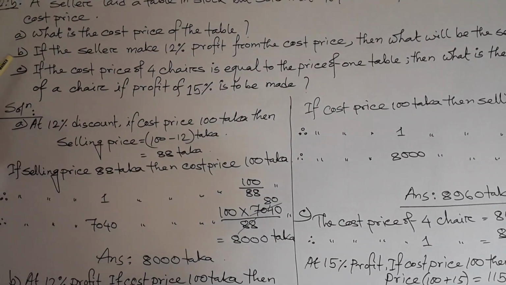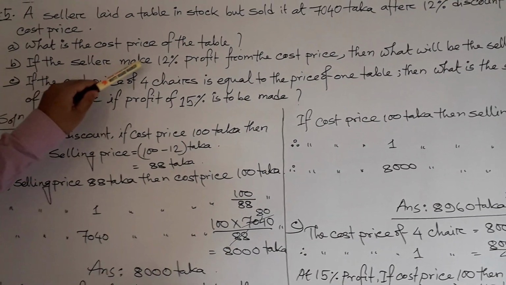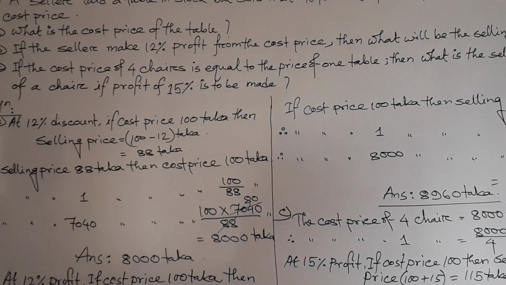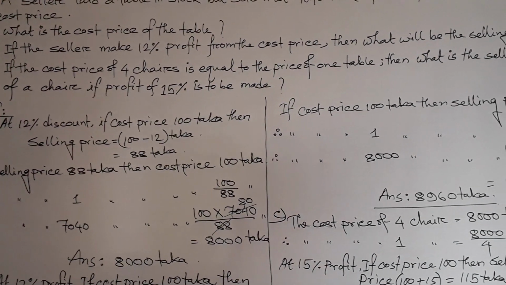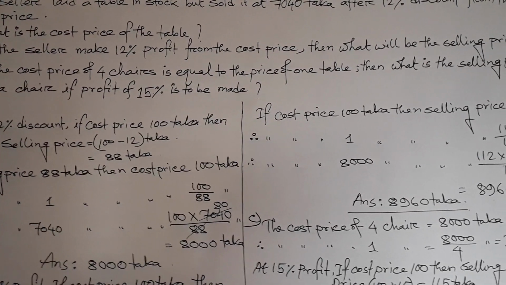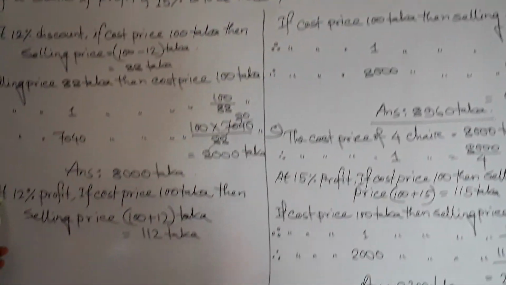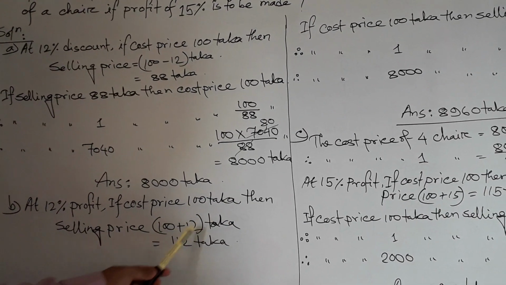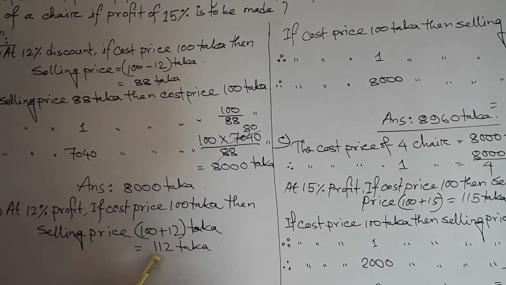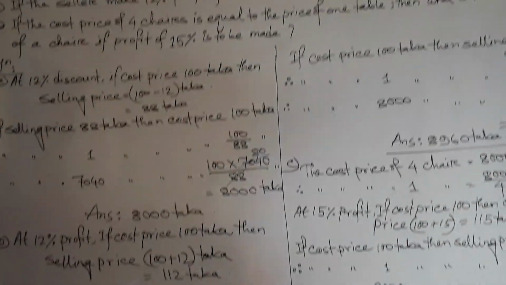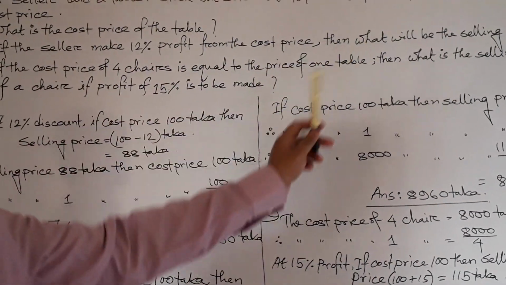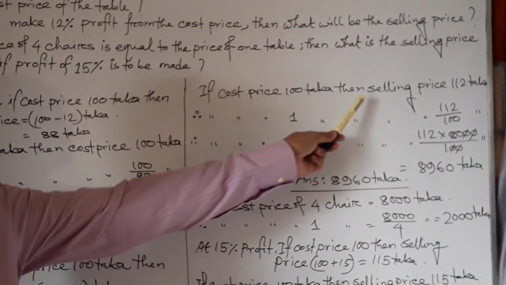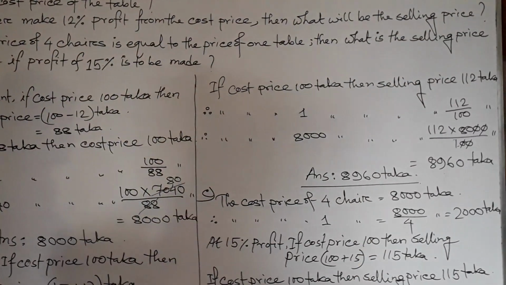Now question number B. If the seller makes 12% profit, then selling price is 100 plus 12. Now we write down: at 12% profit, if cost price is 100 taka, then selling price is 100 plus 12, that is 112 taka. Now we find the selling price. If cost price is 100 taka, then selling price is 112 taka.